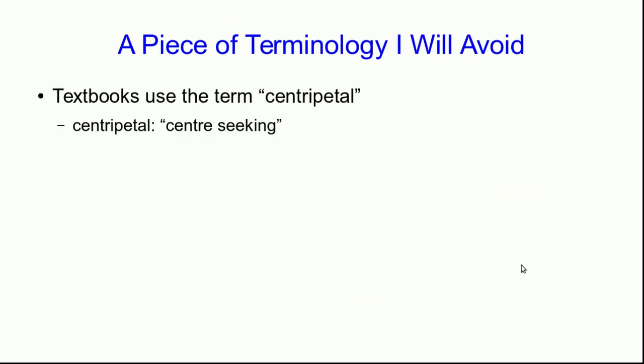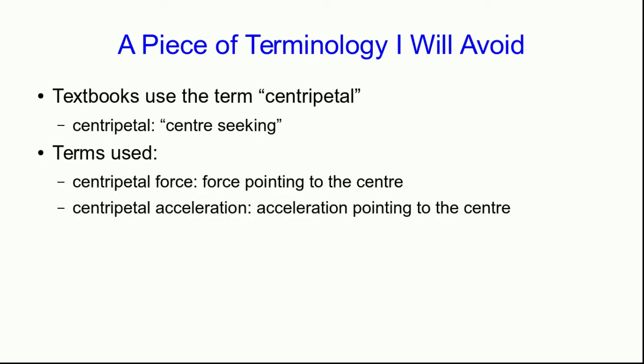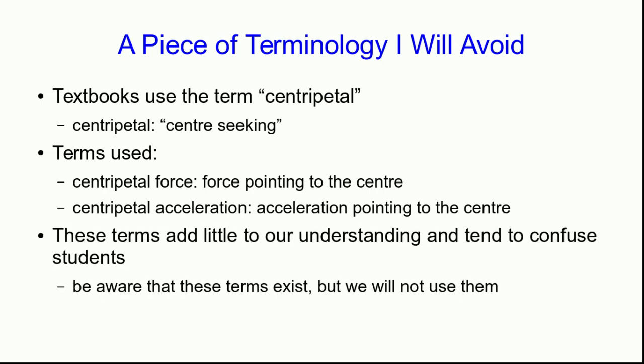I want to point out a word I'm just not going to use because you've probably seen it before, and I should explain why I'm not using it. So textbooks use the term centripetal when they're talking about this acceleration to the center. Centripetal just means center seeking. So we say centripetal force when we mean that the force points to the center. Centripetal acceleration means that the acceleration points to the center.